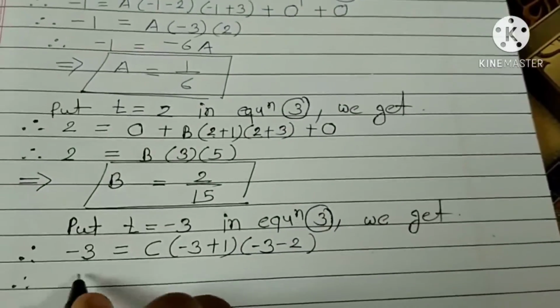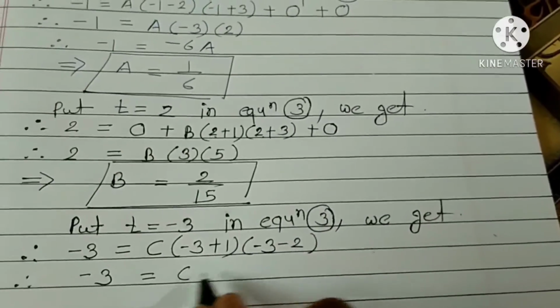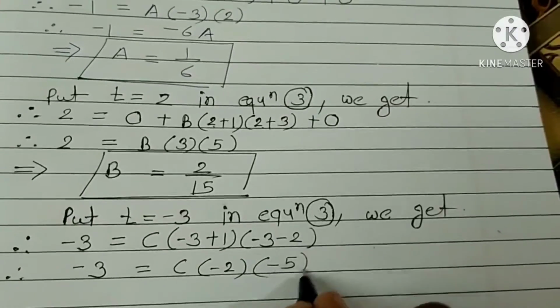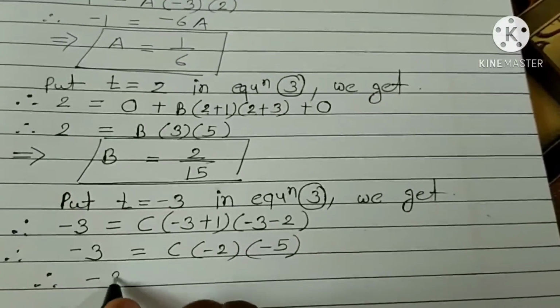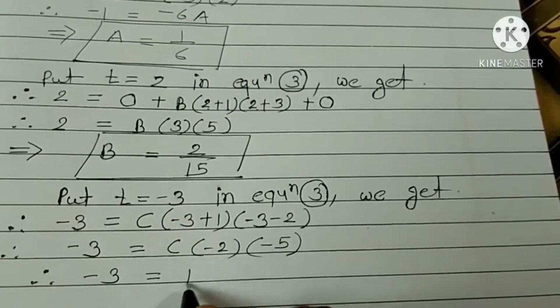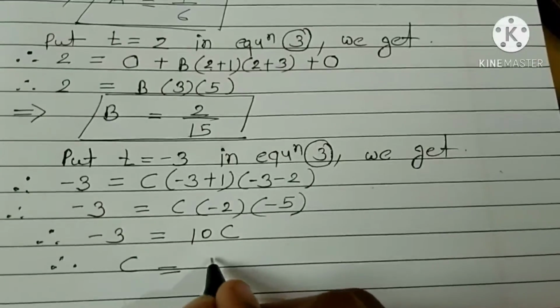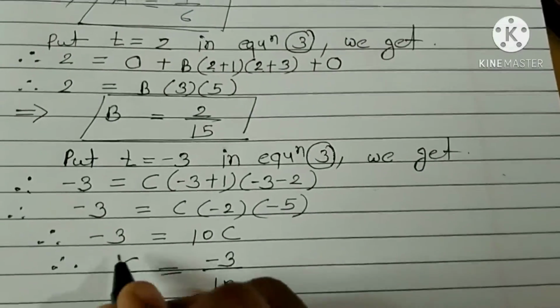So therefore minus 3 is equal to c into minus 2 into minus 5. Therefore minus 3 is equal to 10c, and therefore c is equal to minus 3 upon 10.